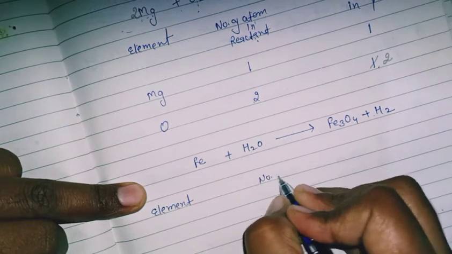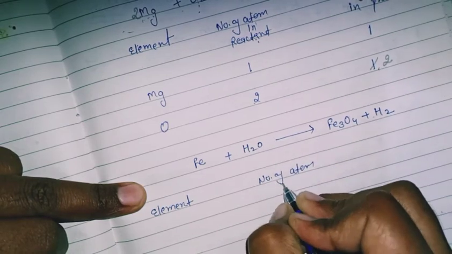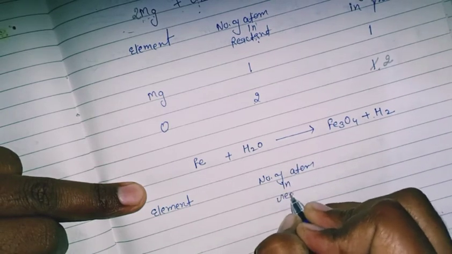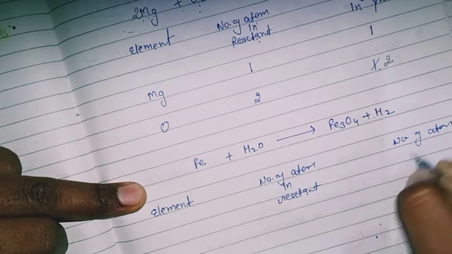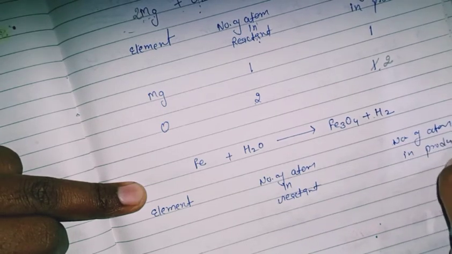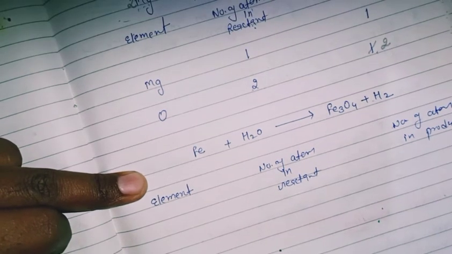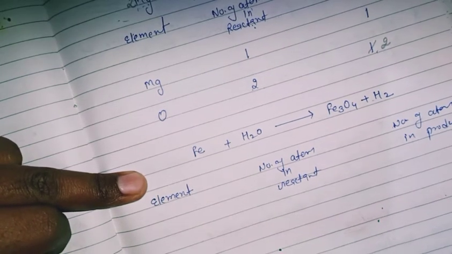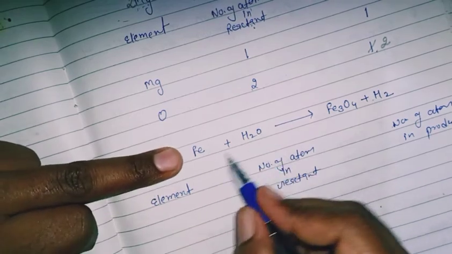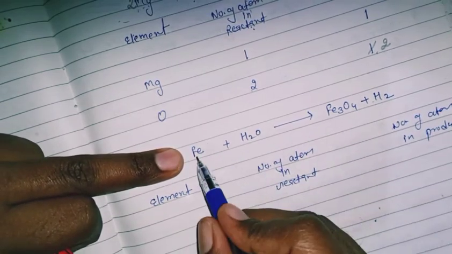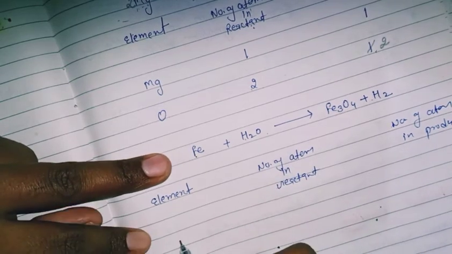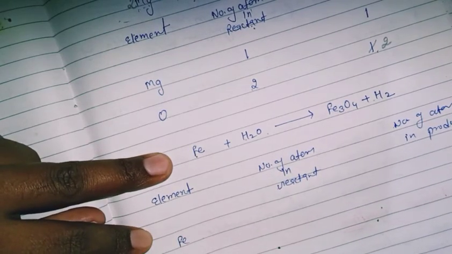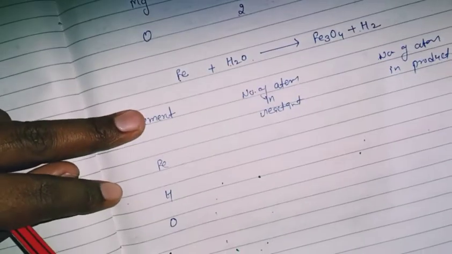Element, number of atoms in reactants, number of atoms in products. Three elements are there in the complete equation: iron, hydrogen and oxygen.